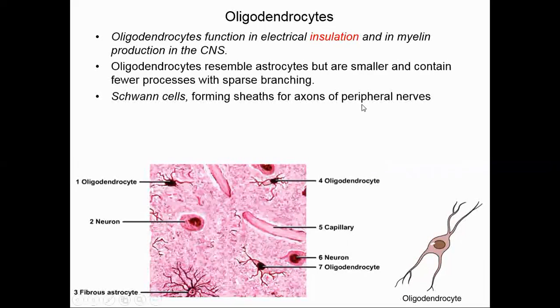In the peripheral nervous system, myelination is done by Schwann cells. There are other types of neuroglial cells. Oligodendrocytes can be seen. Neurons, which are nearby it, also can be seen. Fibrous astrocytes.